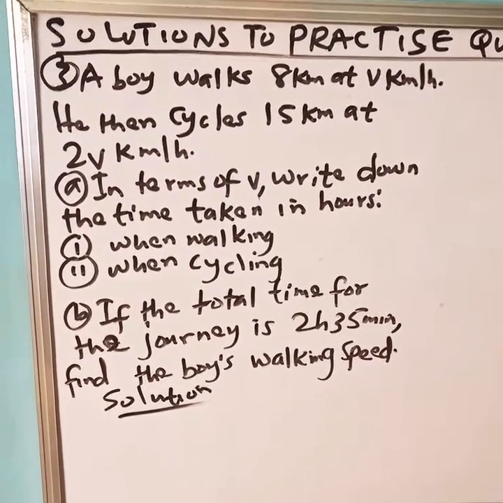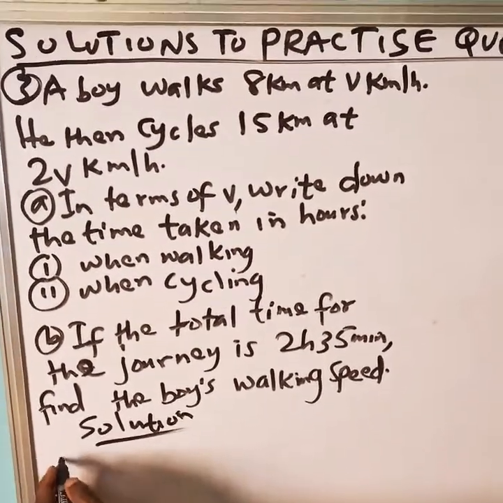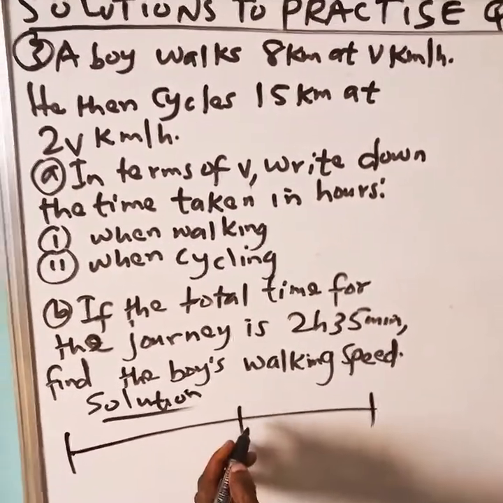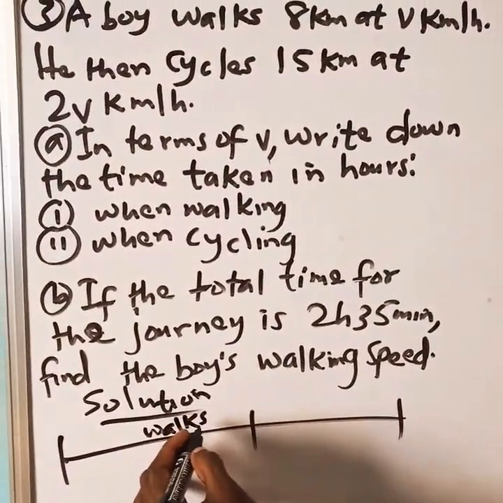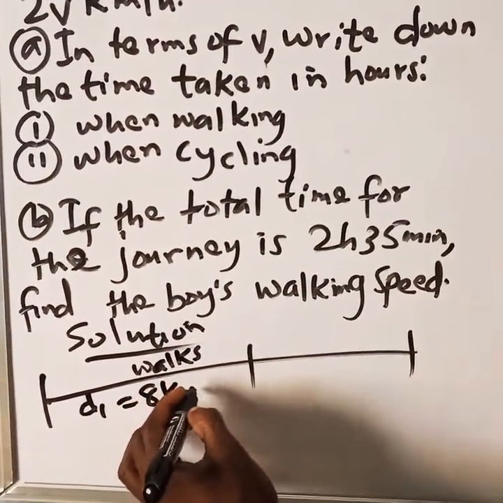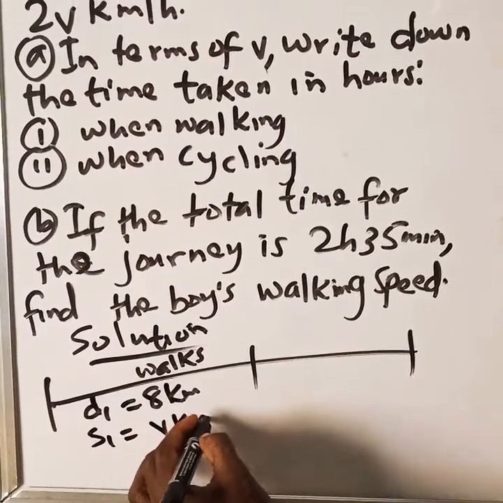A boy walks 8 kilometers at 4 kilometers per hour. Now the journey is divided into two parts. In the first part, he walks. The distance, D1, is 8 kilometers, and the speed, S1, is V kilometers per hour.